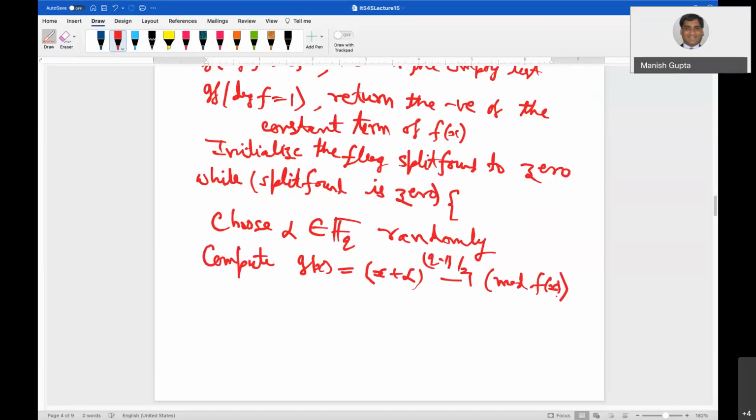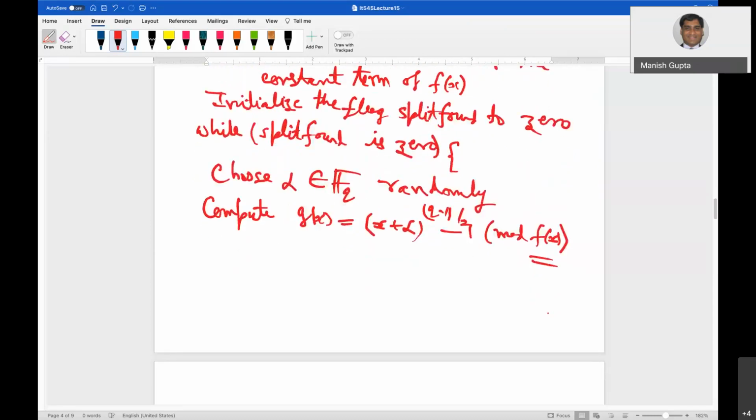This is important. Everything is modulo f of x. Then we compute f1 of x as gcd of f of x comma g of x.